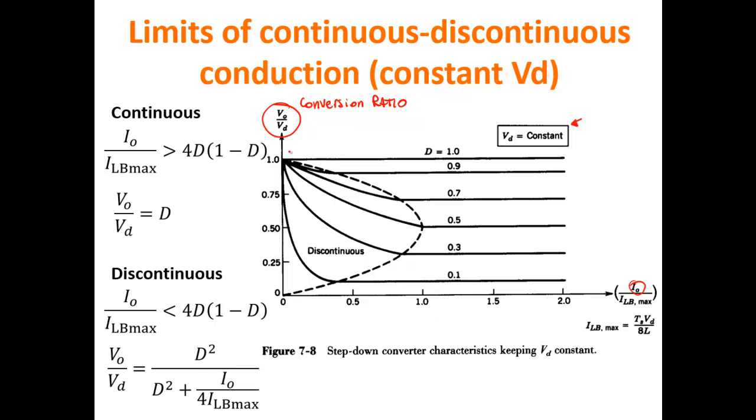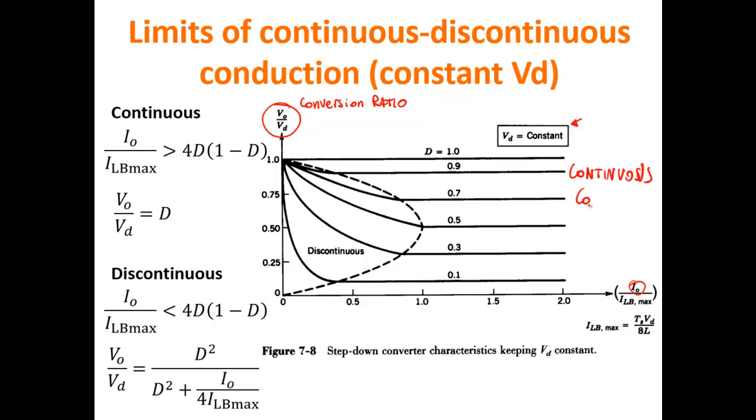So when we have a current that is higher than the boundary, we are in continuous conduction. So in this region, we are in continuous conduction.